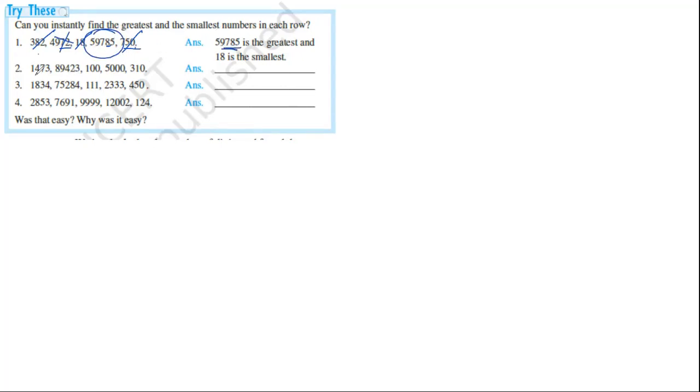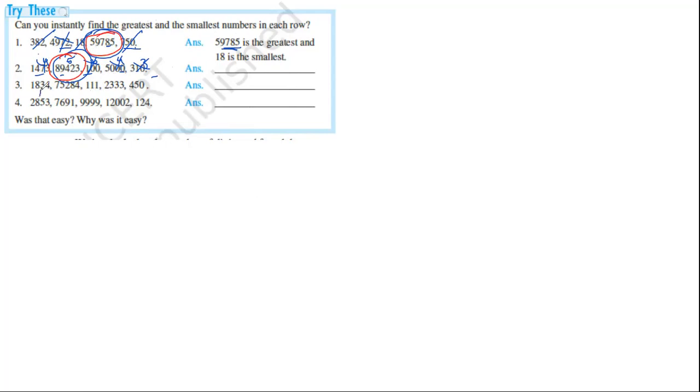Okay, so out of these, let's try to find fast. It has 5 digits, 4, 3, 4, 3. Not possible, not possible, not possible, not possible. This is the answer, because it has more digits than the other numbers. Now let's decide about this row.